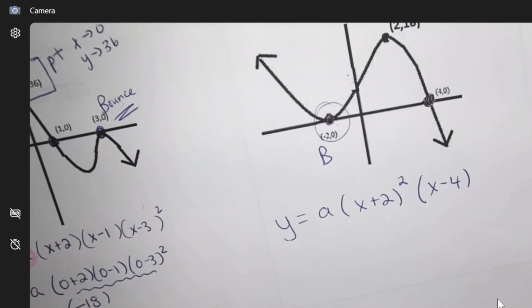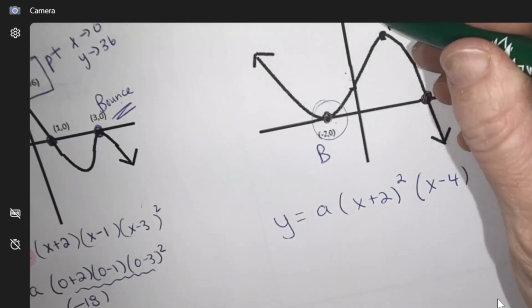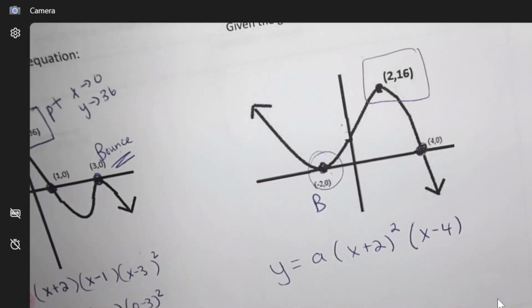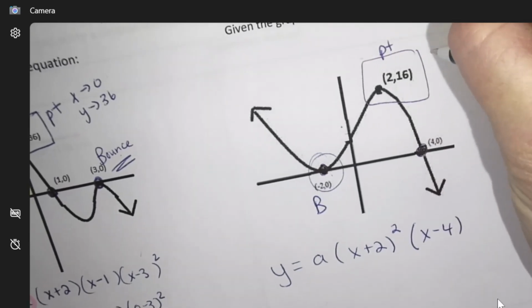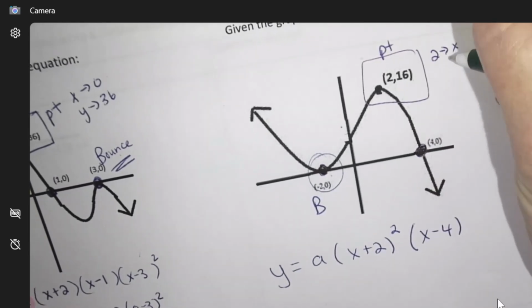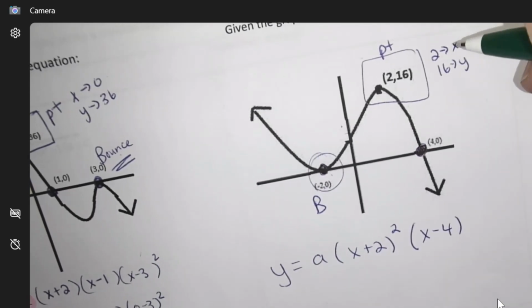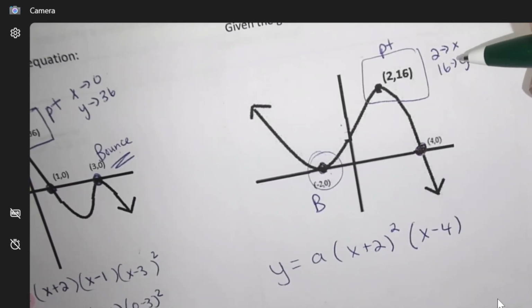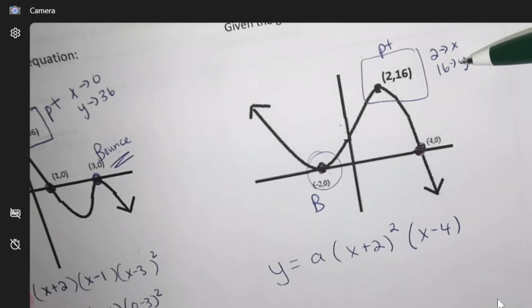So x minus 4. And then it gave me a point. So I'm going to now use this to plug in, to replace x comma y.